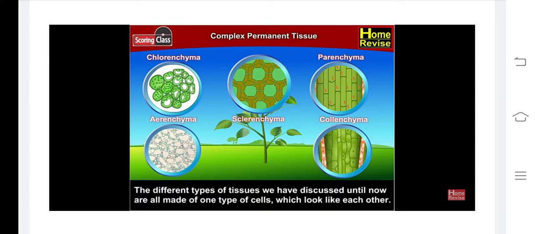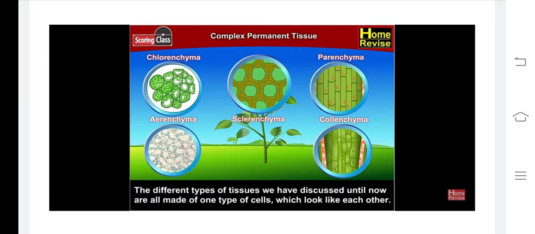The different types of tissues we have discussed till now are all made up of one type of cells, right? On what basis have we classified simple permanent tissues and complex permanent tissues? Based on the nature of cells, structure and function. Here, all these simple permanent tissues are made up of only one type of cells.